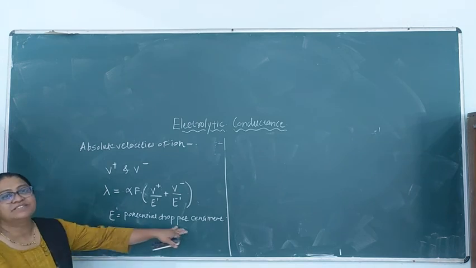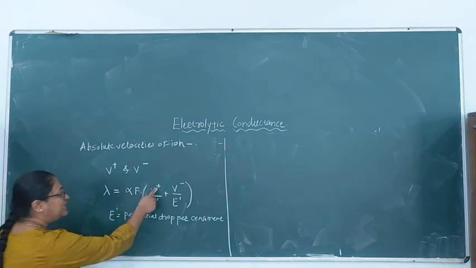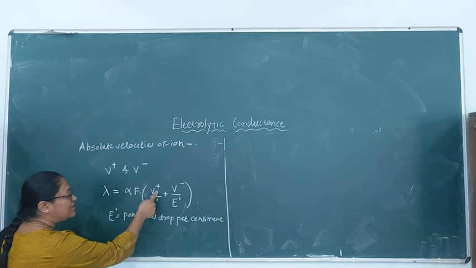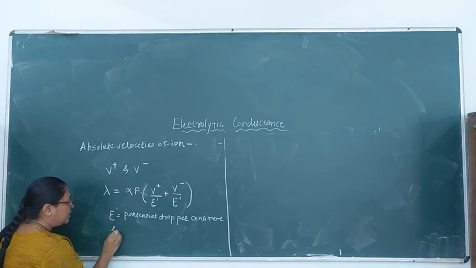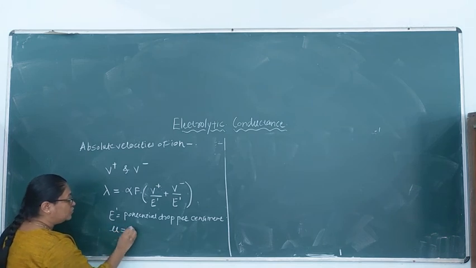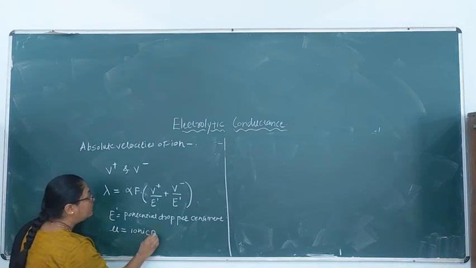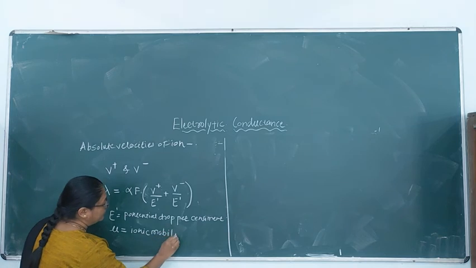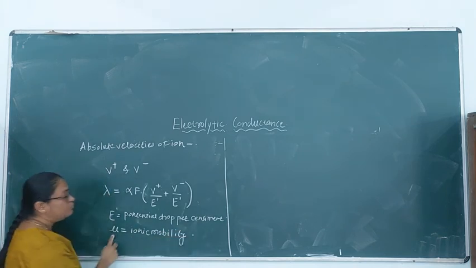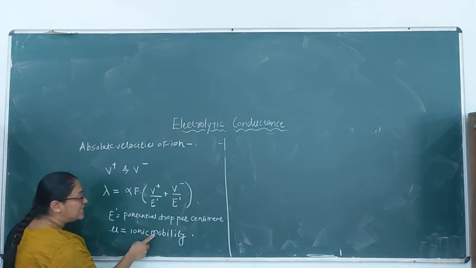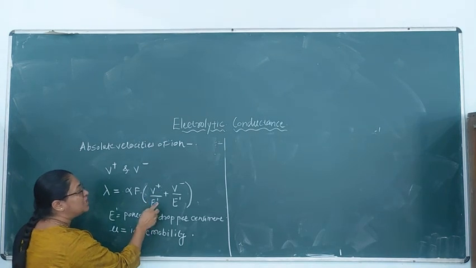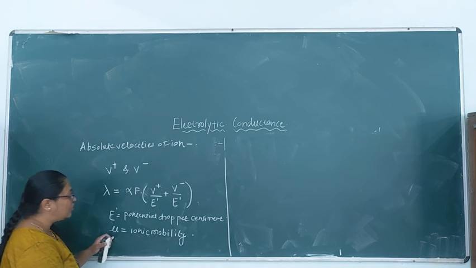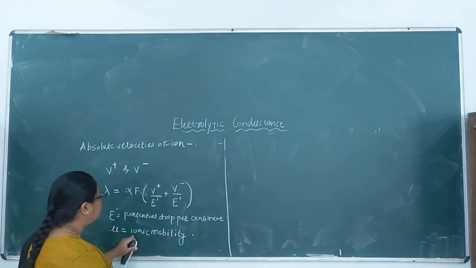The ratio of the velocity of the ion divided by the potential drop is called mu, which is called the ionic mobility. Mu is the ratio of the velocity of the ion and the potential drop per centimeter.